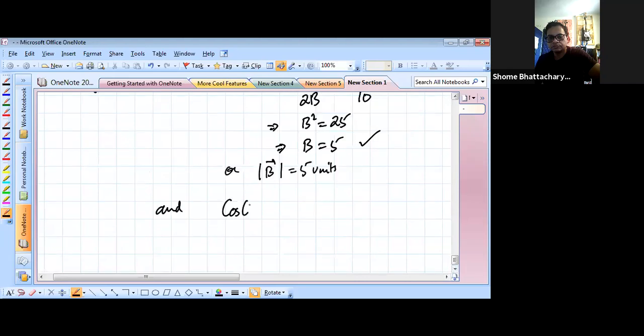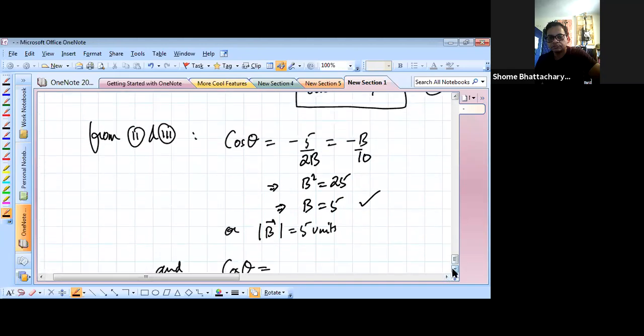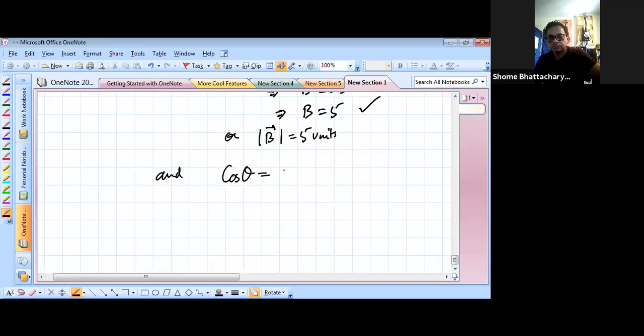Then cos theta, whichever one of the above two equations you use, you can substitute. So for example, if you use minus 5 by 2B, you can see it becomes minus half. So cos theta is minus half means theta is how much? It is 120 degrees. So that's the second thing we got.